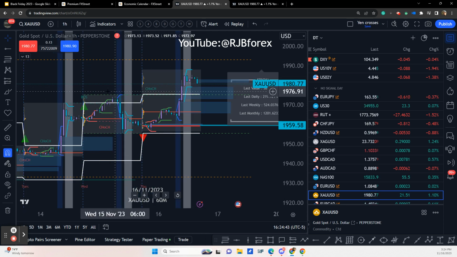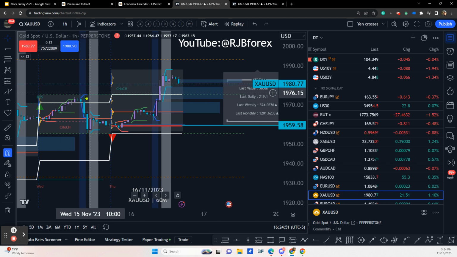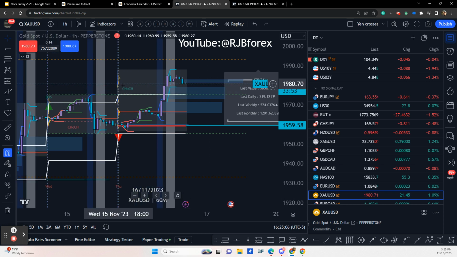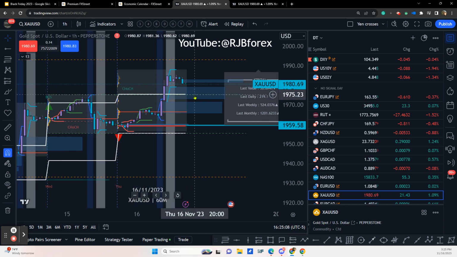So for me at the moment, the level of interest is yesterday's highs, so Wednesday's highs. That's why I've got this indicator that marks it off, you see? That white line marks it off. This white line here was Tuesday's high, right? So this white line is tracking the highs of the days of the week, and this green line is as well.